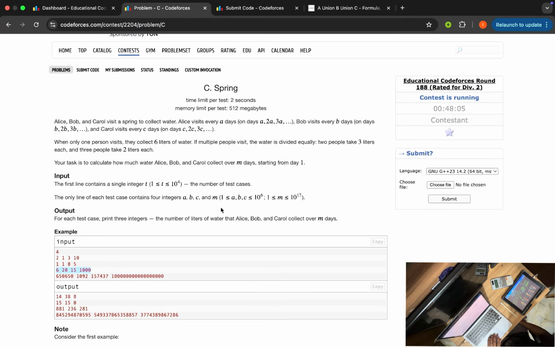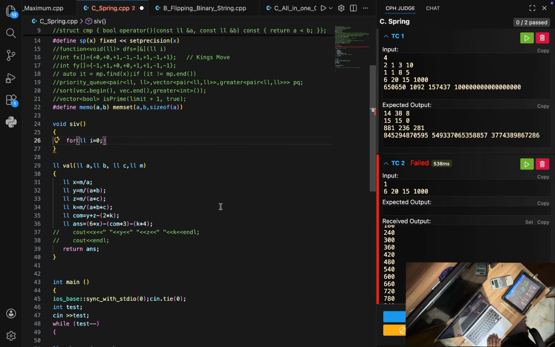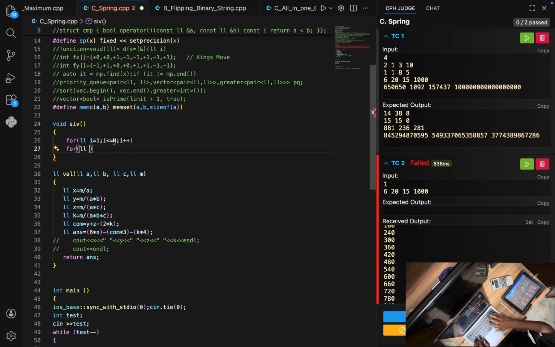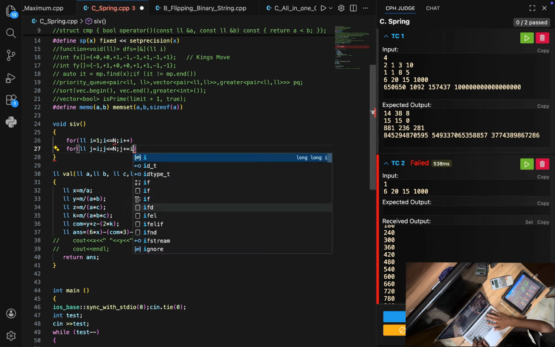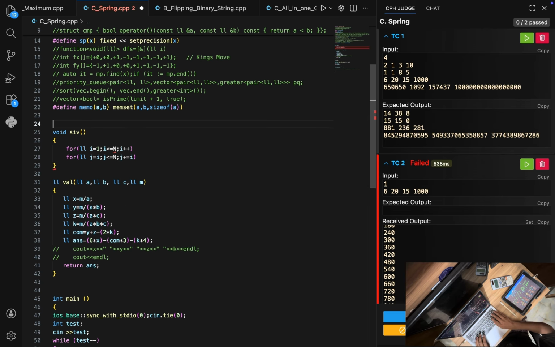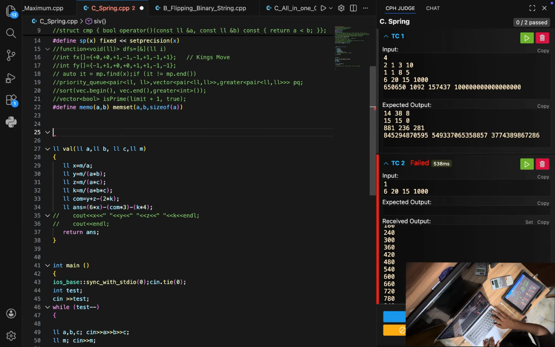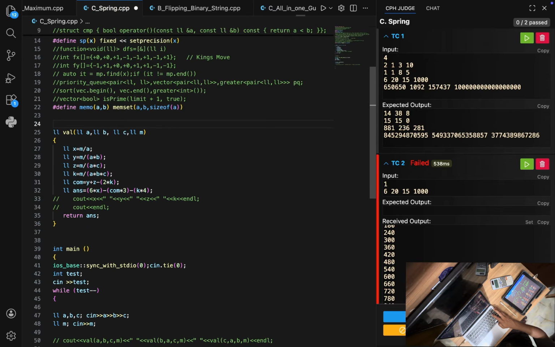Nah, shouldn't be that. Or I just find all divisors.